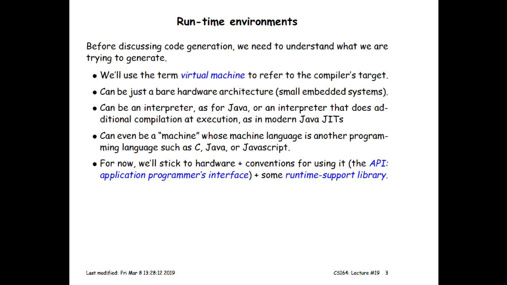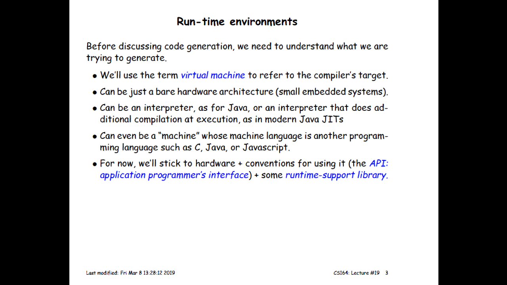But first, we have to talk about what our target is. For this, there's a term that's generally used, virtual machine, to refer to what it is that your code generator is targeting, what it is machine code for.